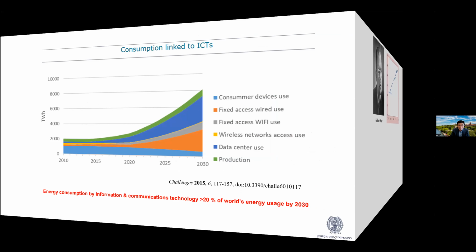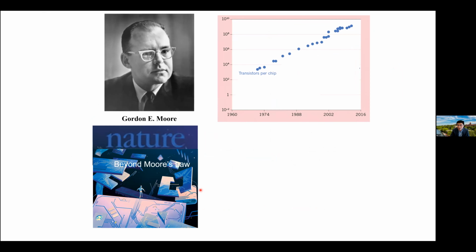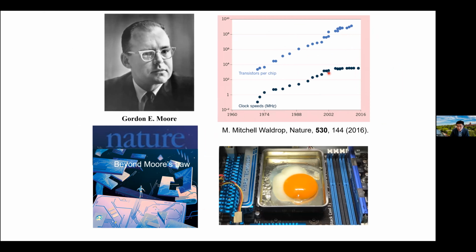And this has been reflected in the well-known coming end of the famous Moore's law. In fact, even though the number of transistors is still going up over time, the clock speed has long saturated since the early 2000s. And we've seen pictures like this, that you could fry an egg with the chips.